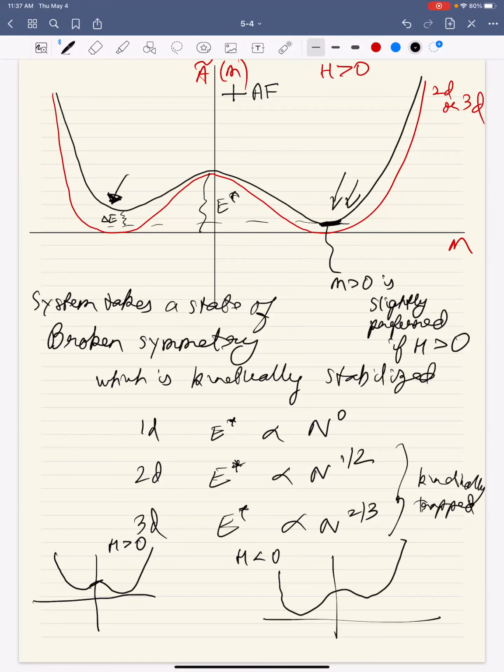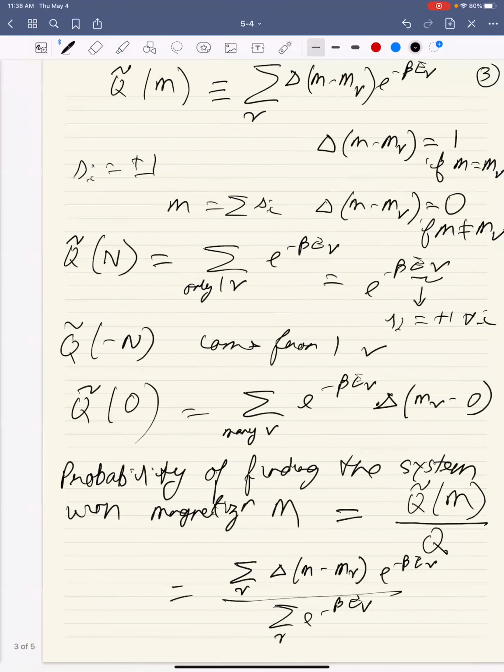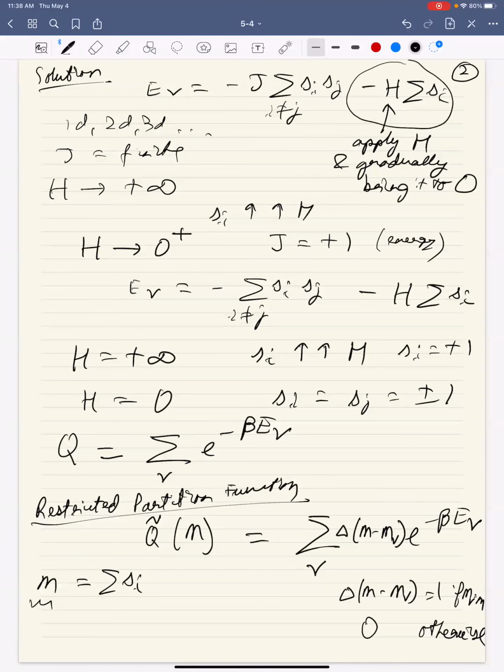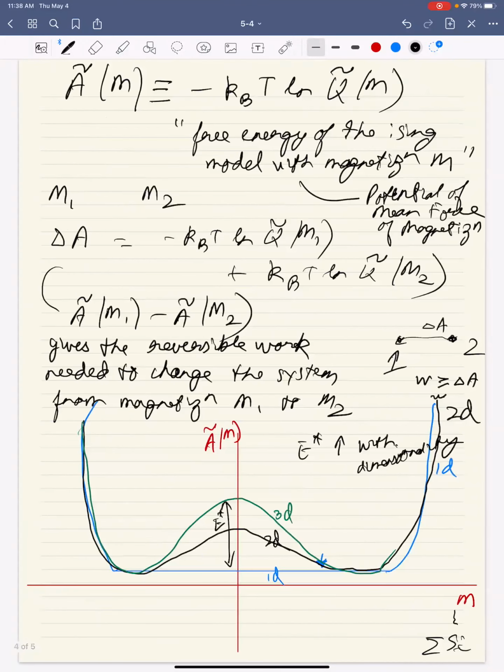So if H is more than 0, everything will come over here. If H is less than 0, everything will come over here in the arrows that I drew. So H less than 0 means you trap the system in the left basin. That's the idea, because it's favored for high enough H, right? And this is simply an effect of the fact that for high H, this term dominates in the microstate energy, right? That's where it's coming from. Okay, good. Any more questions?